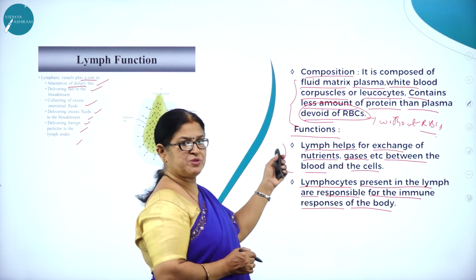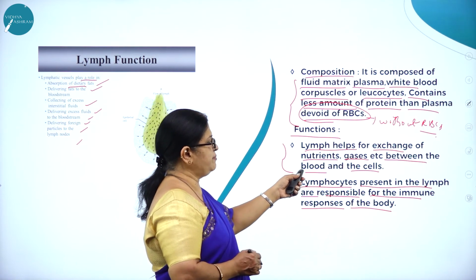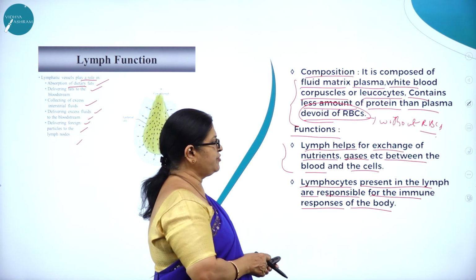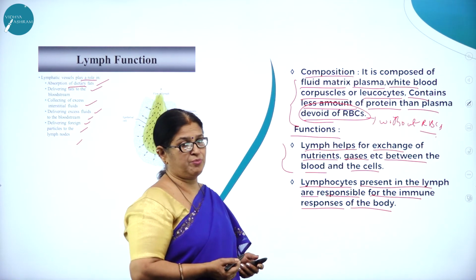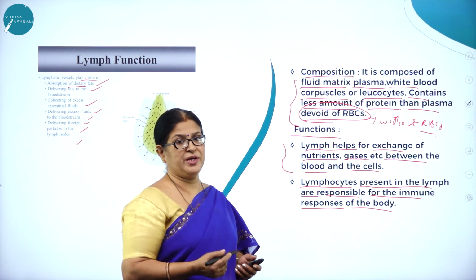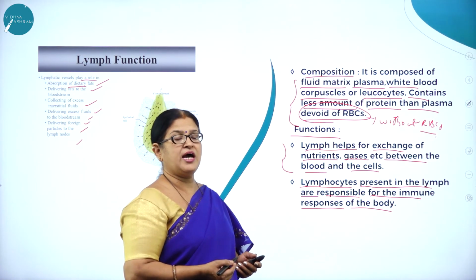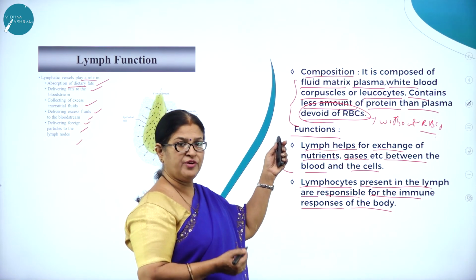So lymph helps in the exchange of nutrients, gases, etc. between the blood and the cells, and lymphocytes present in the lymph are responsible for the immune responses of the body. So even the lymphocyte is taking care of developing immunity inside our body against disease-causing organisms. What is the chemical composition of lymph?